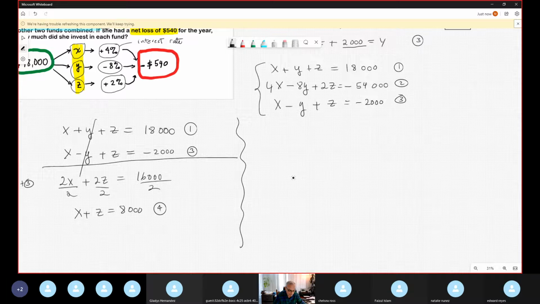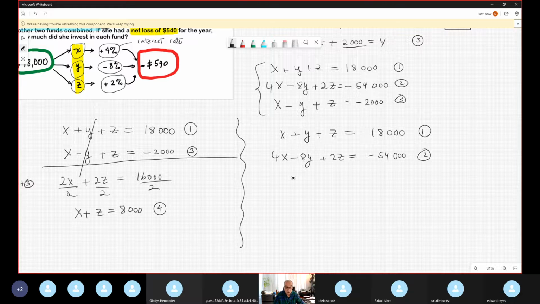And now I take another couple of equations. For example, on my piece of paper, I take the equation 1 again and equation 2. I copy exactly the same. 4x minus y plus 2z equal negative 54,000.